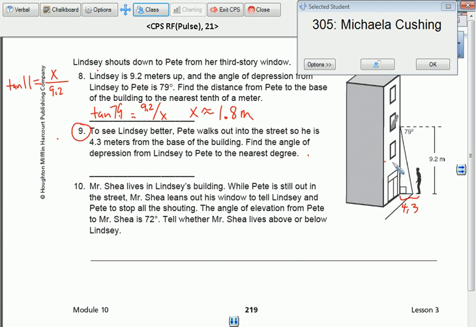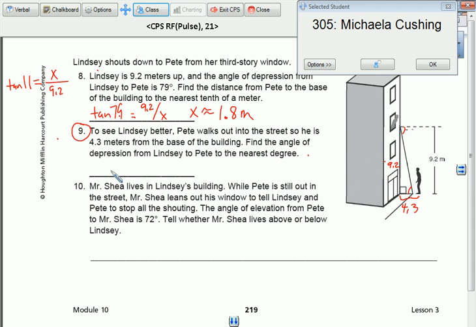And find the angle. All right, Lindsay, how do I set this problem up? The angle of depression is no longer 79. Let's make it go away. It's not 79 anymore. What is it?